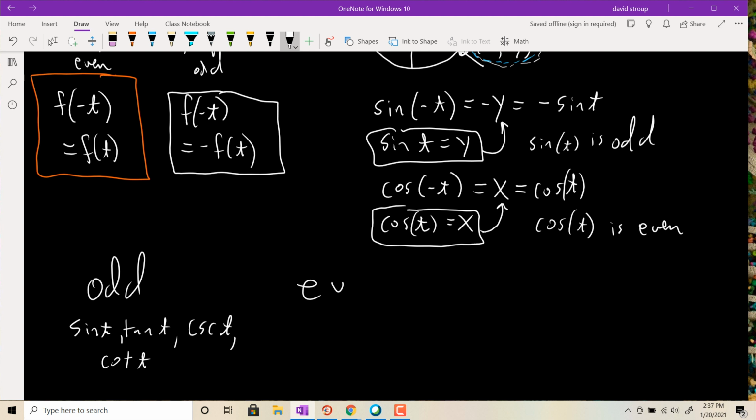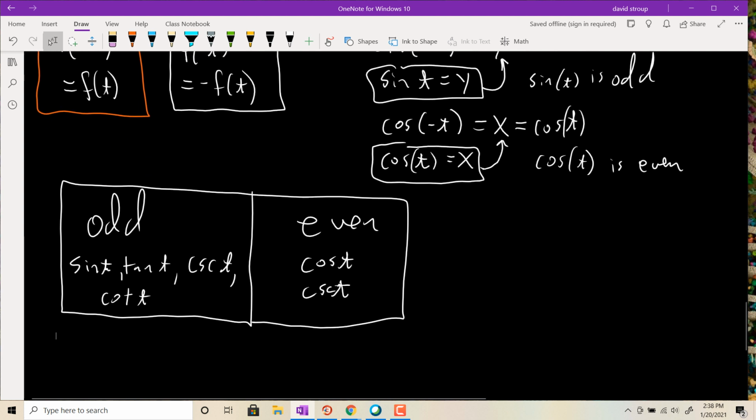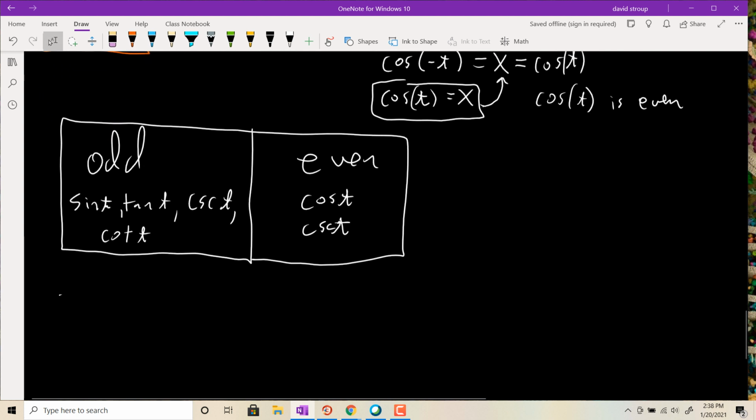And the ones that are even are just going to be cosine and secant. Keep forgetting to put a C in there. Okay? So a handy little chart to remember, and you'll have to have that memorized for the test.